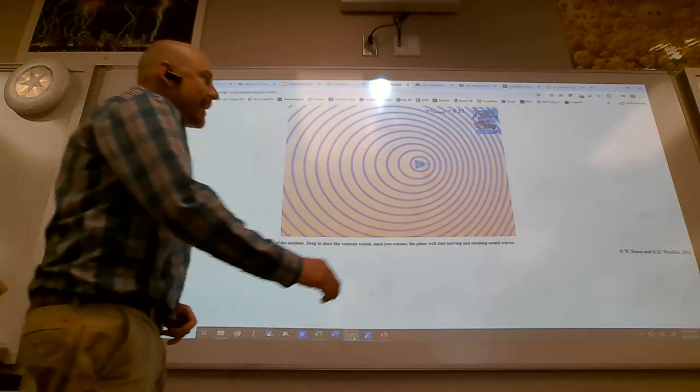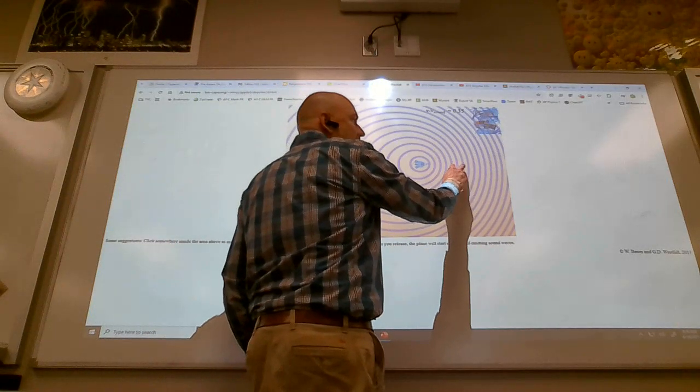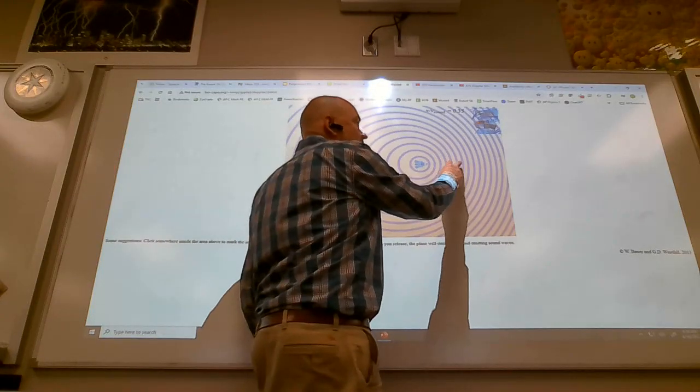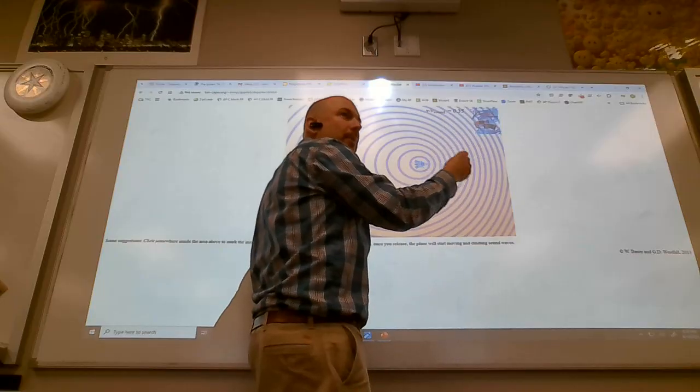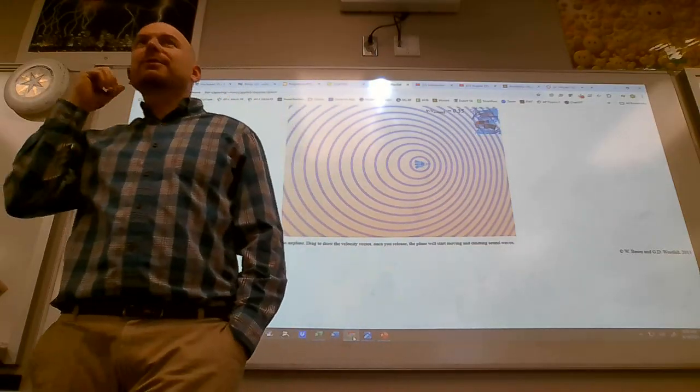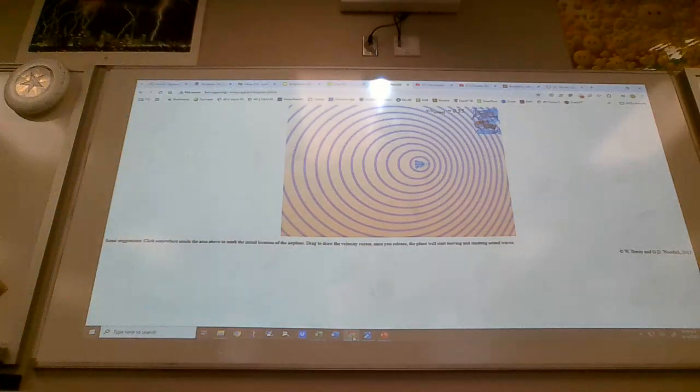So let's pretend that every other wave was a different note. It's reaching you sooner here versus here. It takes longer for those to hit, so it's like a slower beat. Crazy. Cool with that? Doppler effect. Okay?